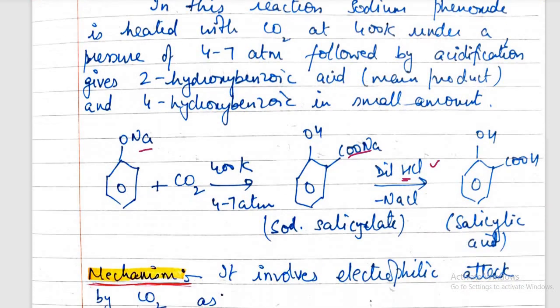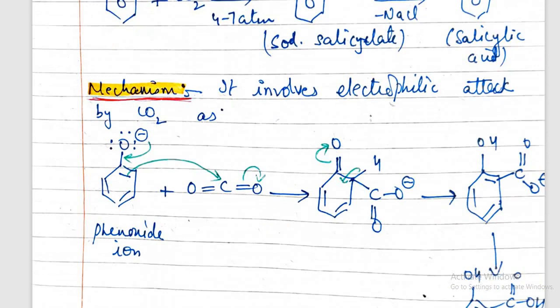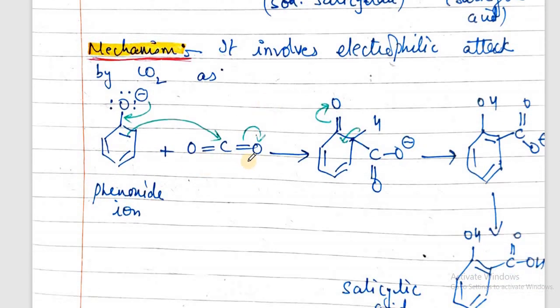So salicylic acid is formed, and the mechanism is this: carbon dioxide acts as an electrophile. It attacks at the ortho position, that is through these electrons it gets joined through carbon to the ortho position, and these electrons move to this carbon to fill its electron deficiency, and now there is a double bond in this, and O is neutralized because electrons move towards this, and this already has hydrogen, and this CO negative is attached to this carbon.